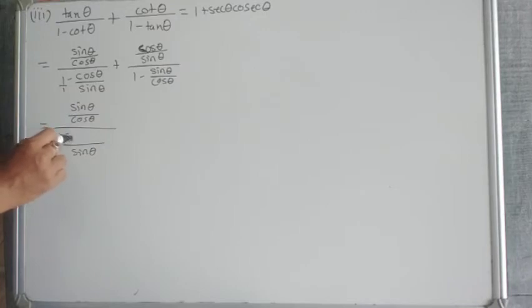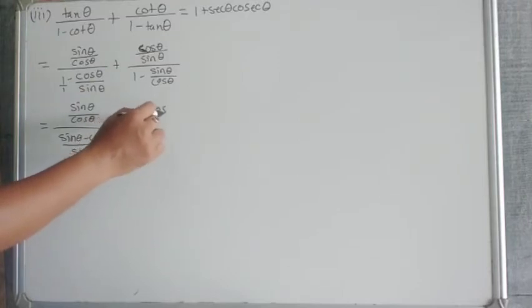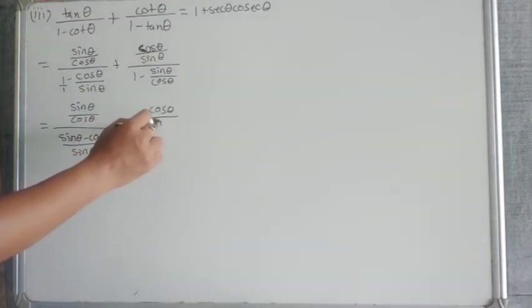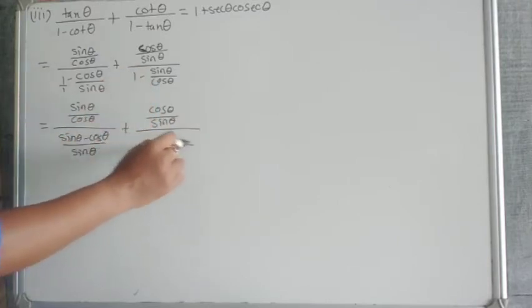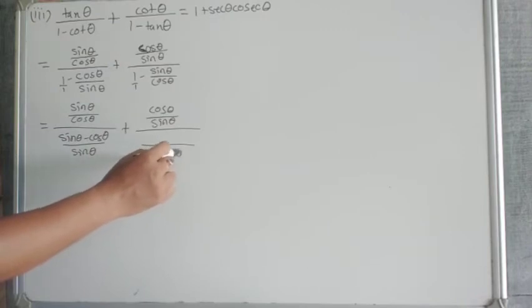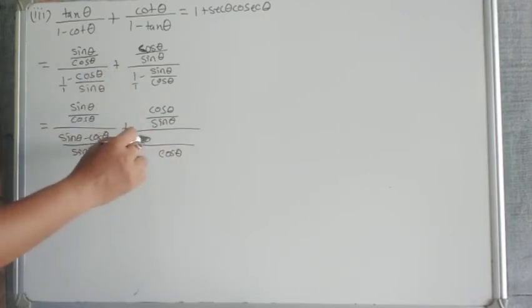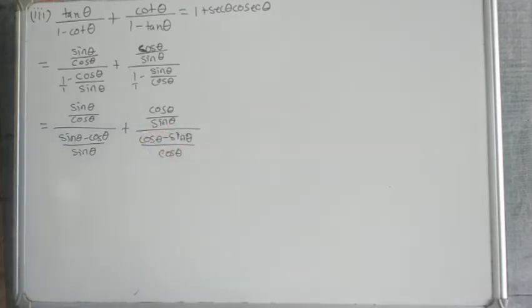So sin theta minus cos theta, plus on this side cos theta by sin theta, whole by this one, what is there? 1 by cos theta minus sin theta.